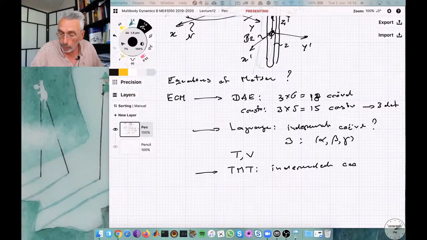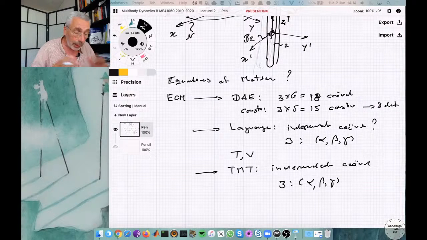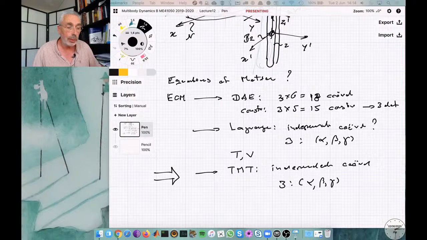So again we use those 3 coordinates, the alpha, beta and gamma, but by means of the transformations we directly write down the equations of motion. So this is the route I'm going to take for today. If you're interested, you can do this one, or you can do this one, but this is the one I'm going to talk about today.